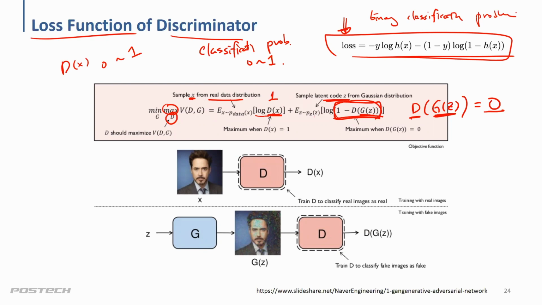Make sense? This is the way it is implemented as a loss function. For the discriminator, for x, we get 1. For z, it should be 0 because it's a fake one.